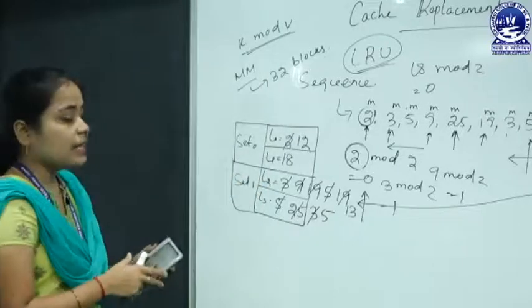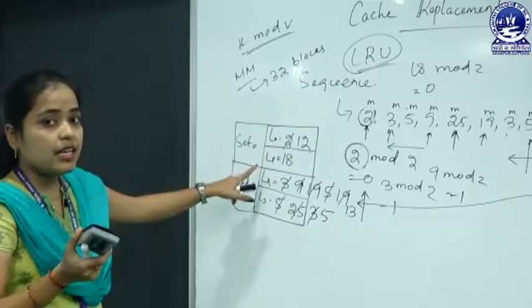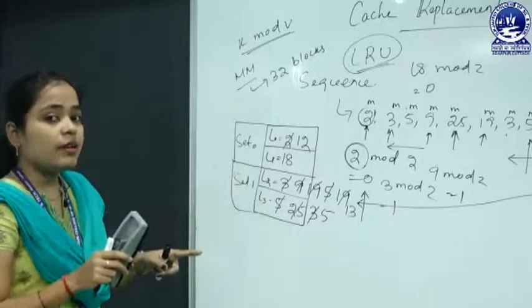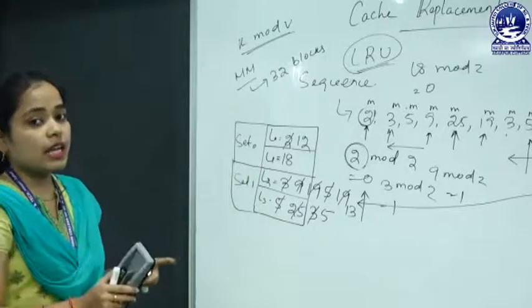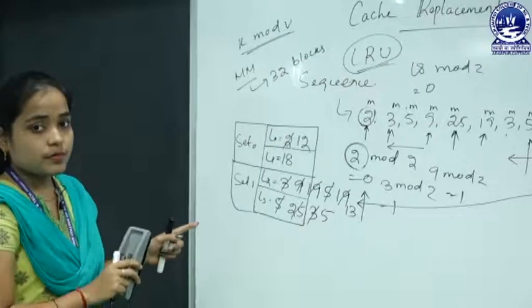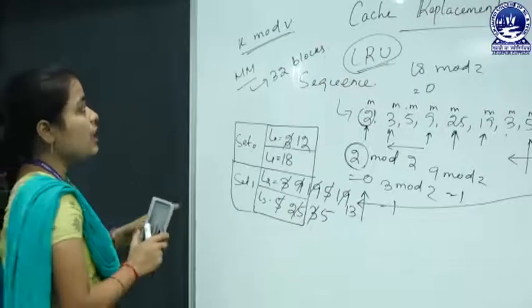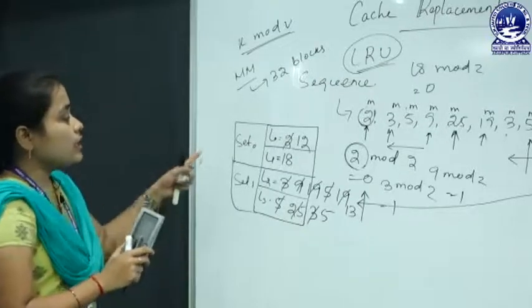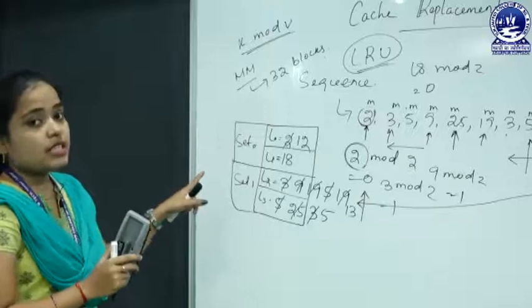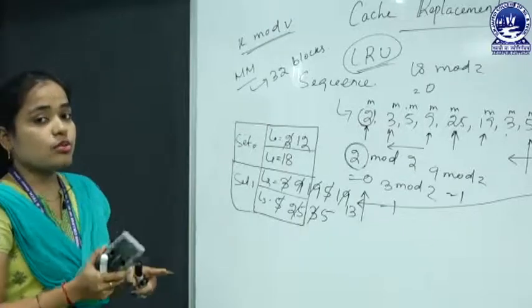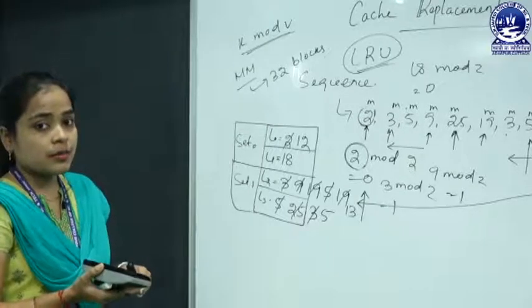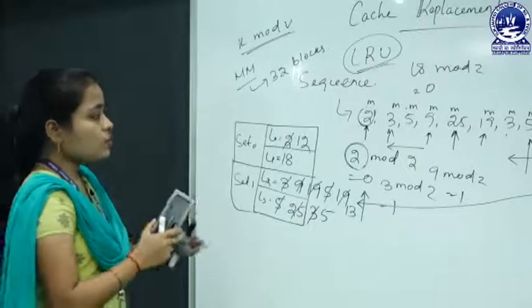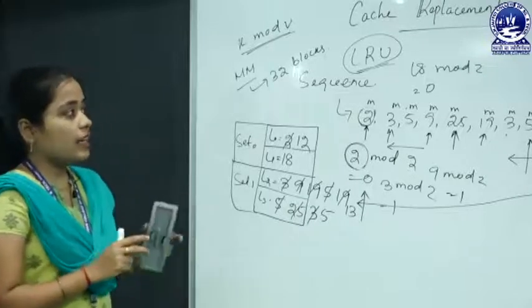But in a set, if there are multiple lines, then that block can be mapped into any one of the lines of that set. And that is why I have already told you that the set associative mapping uses the direct mapping concept and also the associative mapping concept. So this is the example of LRU.